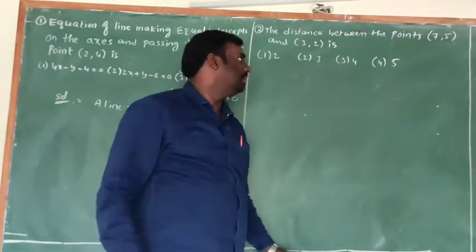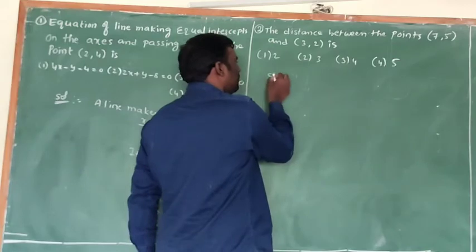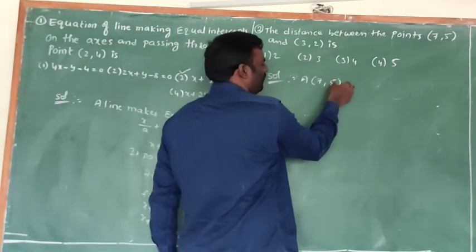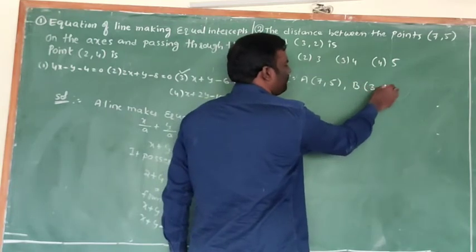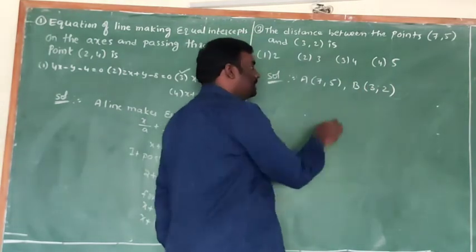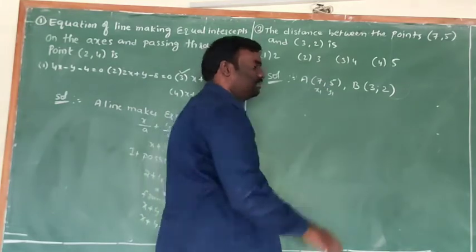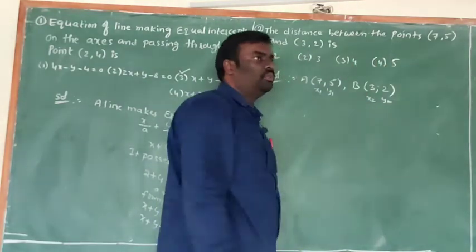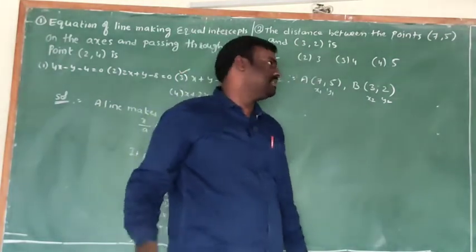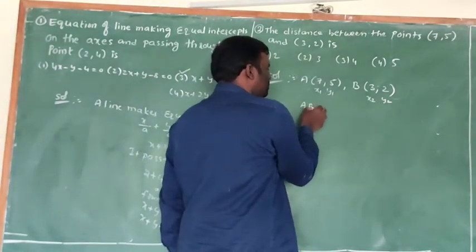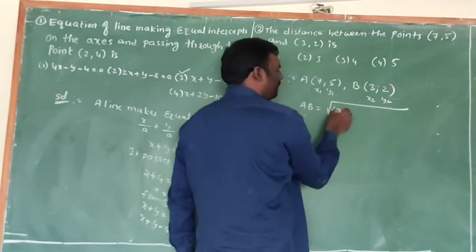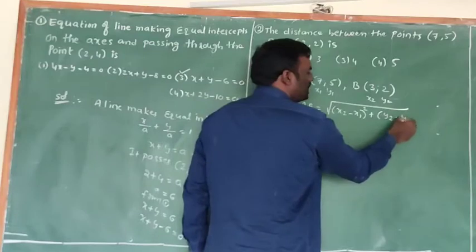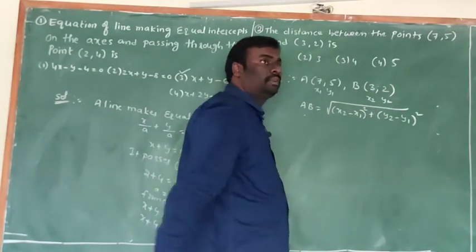Now I am taking the first point as A and the second point as B. This is x1, y1 and this is x2, y2. What is the formula for distance between 2 points? AB equals under root of x2 minus x1 whole square plus y2 minus y1 whole square.